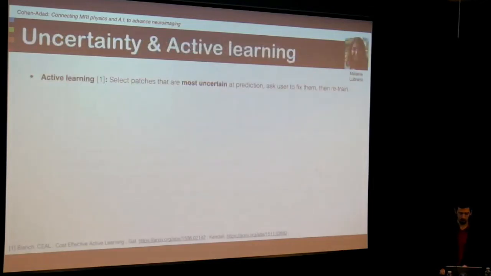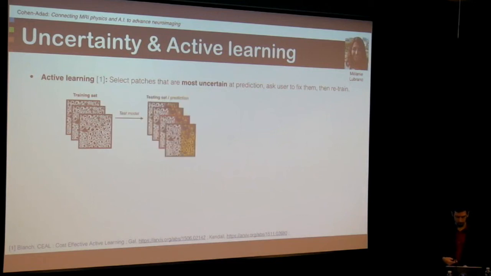for each new model. In order to address that, we've looked into the domain of active learning, where the idea here is to manually label the batches that are most uncertain for a prediction task. So as an example, we start off with a training set, where we have the labeled data. And we test the model.